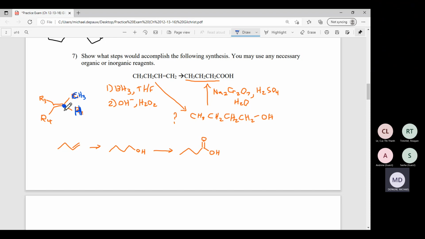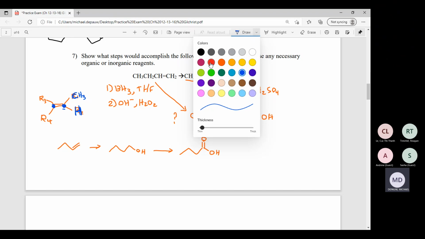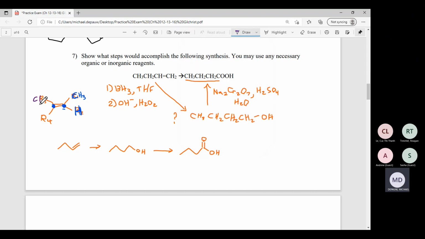Well, that carbon is attached to 2 other carbons: the one on the left, and the CH3. Now, let's say on the other side you had a CH3 attached, and then a CH3CH2 attached for R4. That was your R4, a 2 carbon group.